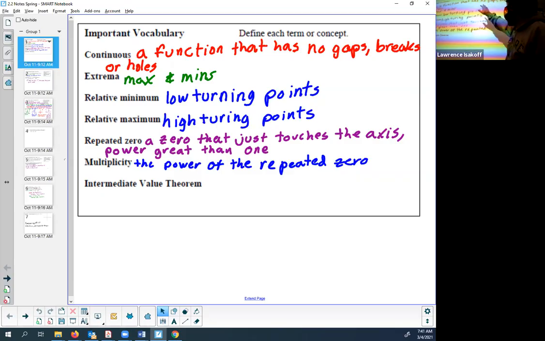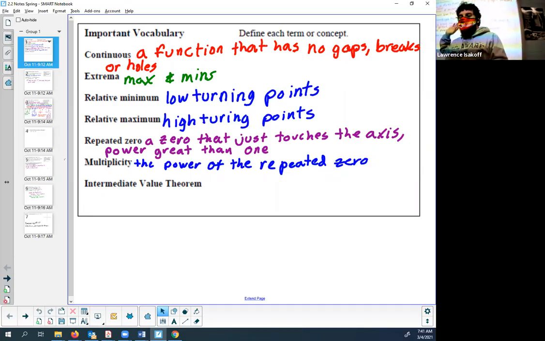That is a function that has no gaps, breaks, or holes. When we start talking about rational functions later in the chapter, we'll see functions that are not continuous, as we'll have points where we divide by zero, and dividing by zero is impossible, so it causes these gaps, breaks, or holes inside of our graphs.